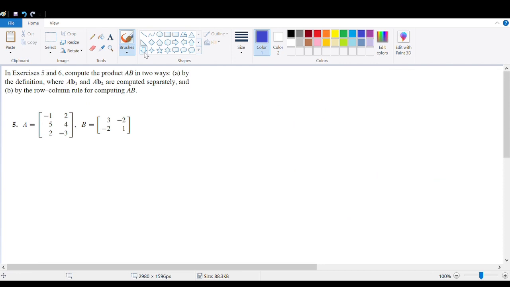In exercise 5, we need to compute the product AB in two ways. First, by the definition, where AB1 and AB2 are computed separately, and then by the row-column rule for computing AB. So let us do the first one by finding AB1, which is equal to the matrix A, minus 1, 5, 2, multiplied by the first column of B, which is 3, 2.